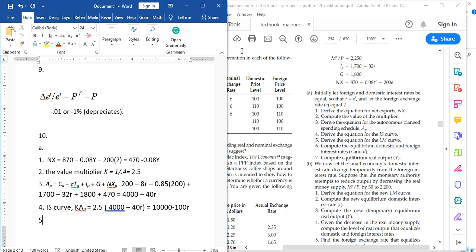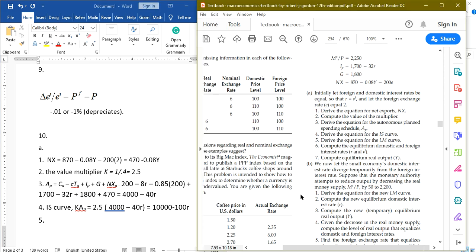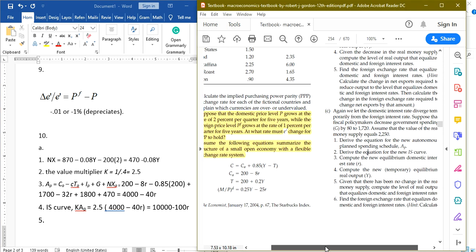5. Derive the equation of the LM curve. In order to derive the LM curve, we should set the real money supply equal to real money demand.